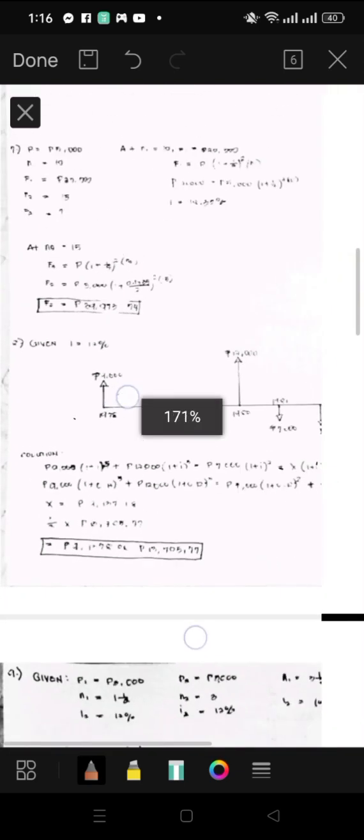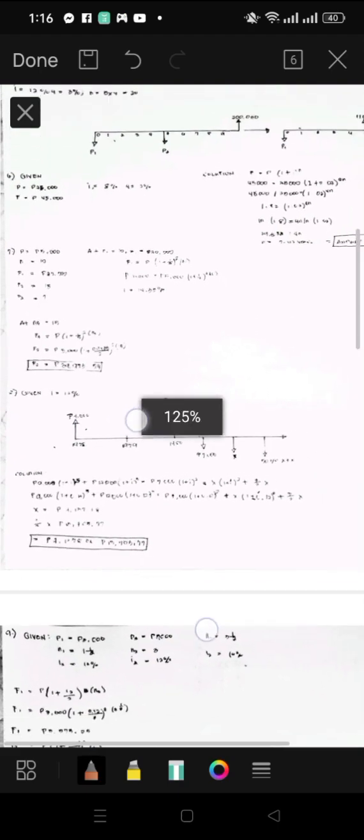So number 9 is: a woman borrowed 3,000 to be paid after 1.5 years with interest at 12% compounded semiannually, and 5,000 to be paid after 3 years at 12% compounded monthly.